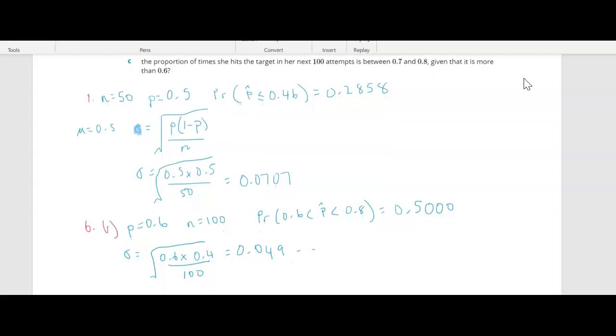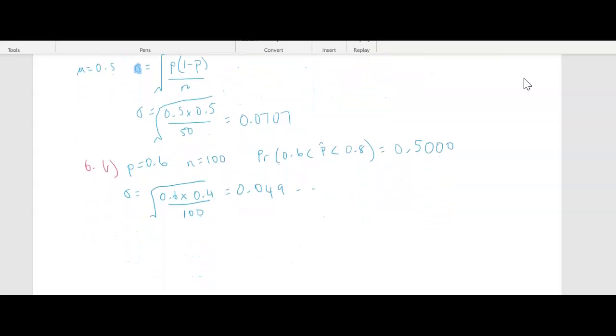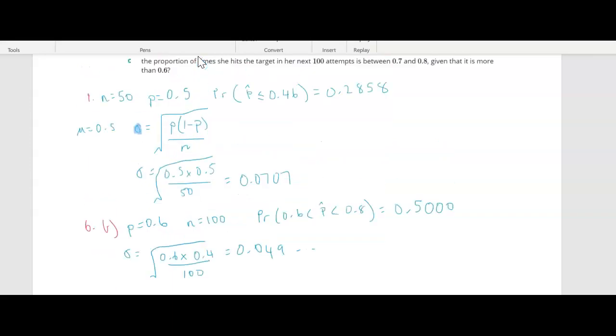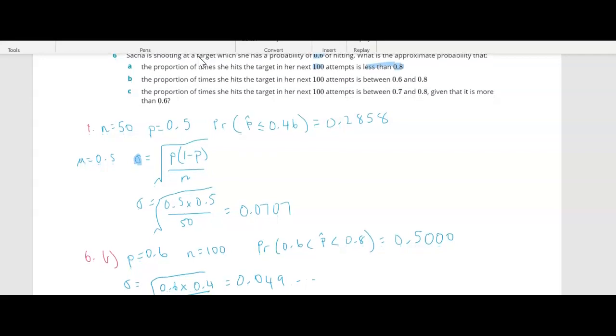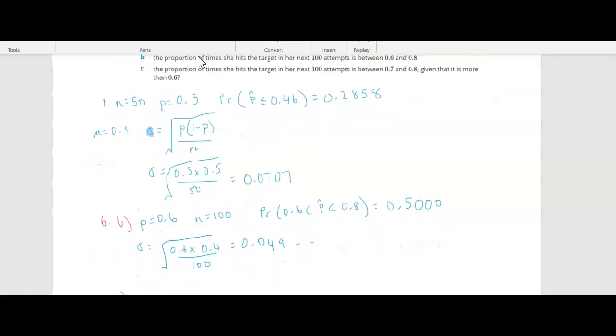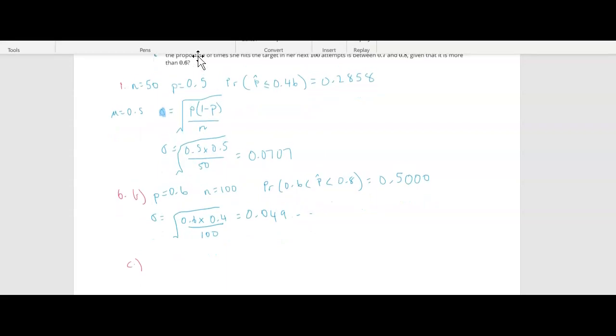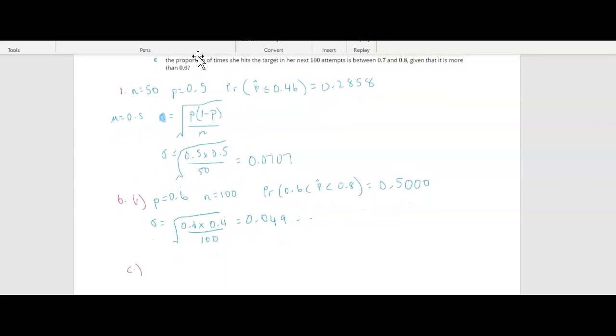All right, so this last question, C. What have we got? The proportion of times, let me see if I can write that. So we've still got the same value of P, same value of N, and same value of standard deviation.